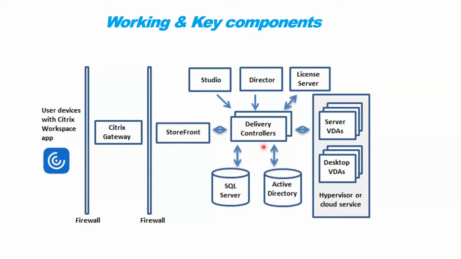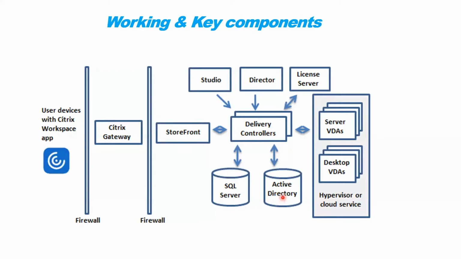The delivery controller is the mastermind in Citrix, a core component which manages the entire operations in the Citrix infrastructure. It knows to which server this query needs to be forwarded for validation. So it will forward the query to the Active Directory server. So what is an Active Directory server? Any idea on that? Authenticate.